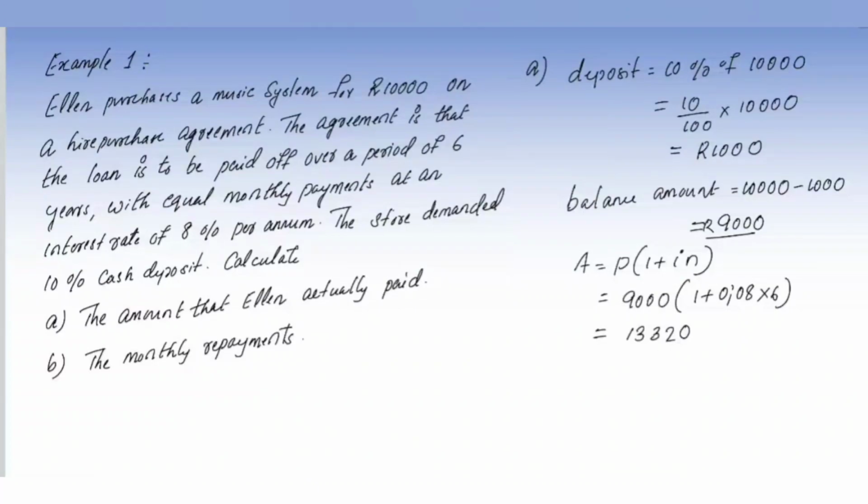So within the period of 6 years, actually you are paying not 9,000, you are paying 13,320. The full amount is going to be 13,320. And don't forget the deposit that you paid in the beginning. What is that? 1,000. So the question, the amount that Eileen actually paid, is the total cost.